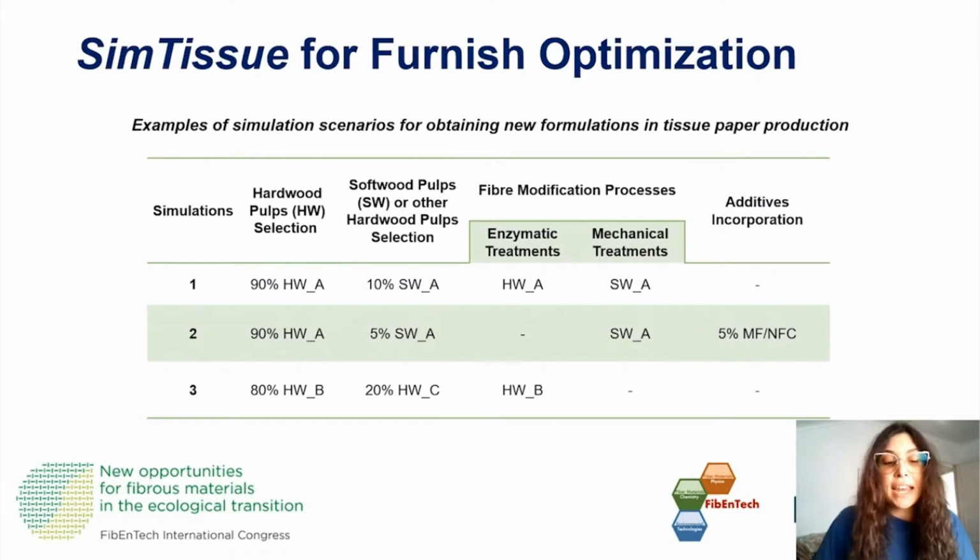Select if any pulp can or cannot have enzymatic and mechanical treatment, identifying the respective conditions, and also if in the furnish formulation there is the possibility of incorporating additives.